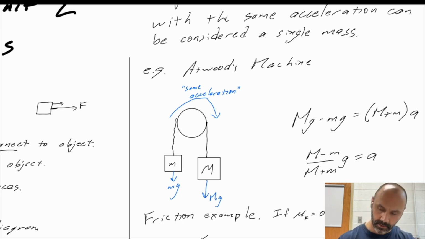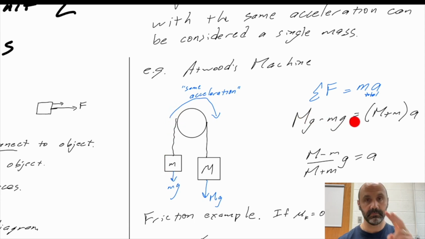So when I write net force equals m total times a, what are the forces? It's just these two. This one is pulling in the direction of the acceleration, and this one is pulling opposite the direction of the acceleration. So I write Mg minus mg equals, with both masses as the system, m plus M times a.